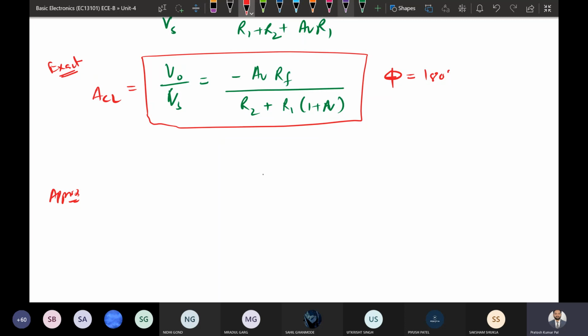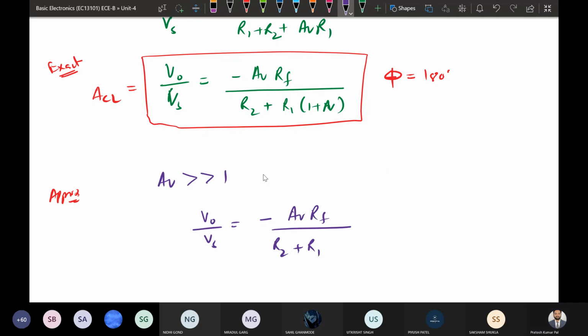If we want the approximate analysis, that means we consider AV, that is the gain, to be very high compared to 1. If the gain is very high, then we will represent this equation separately. So V0 divided by Vs will be equal to AV Rf divided by R2 plus R1.